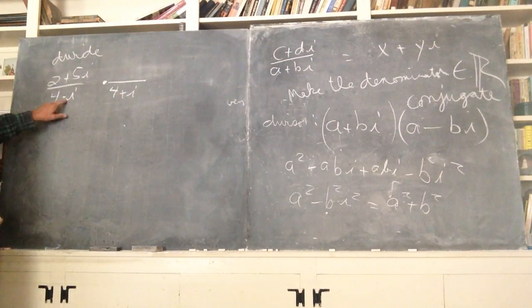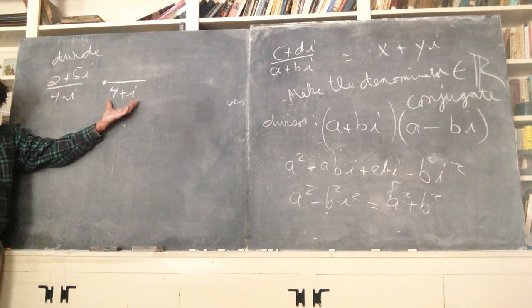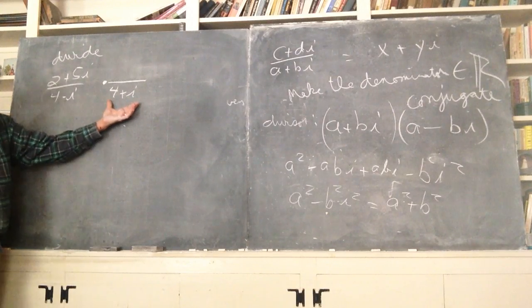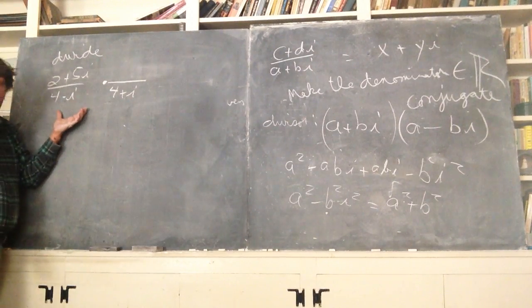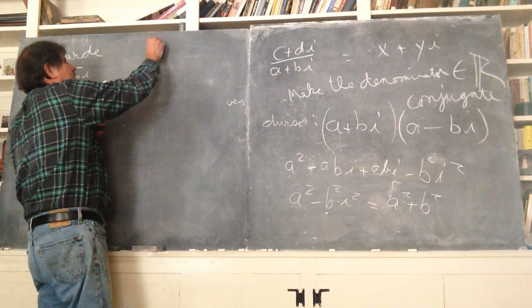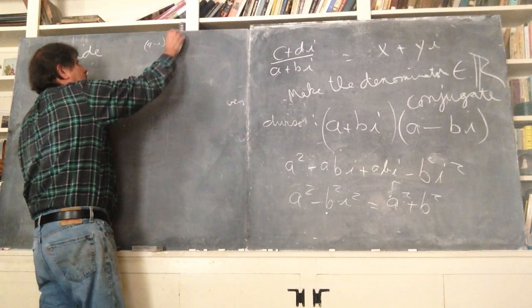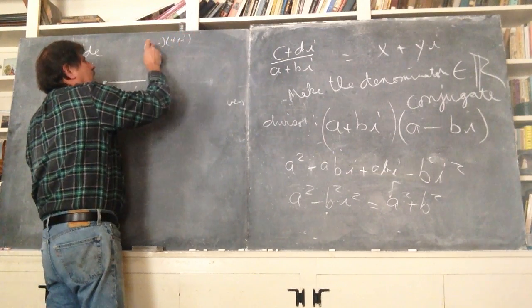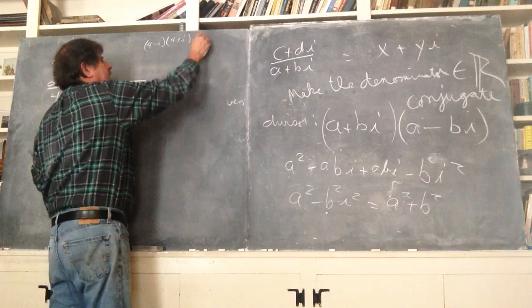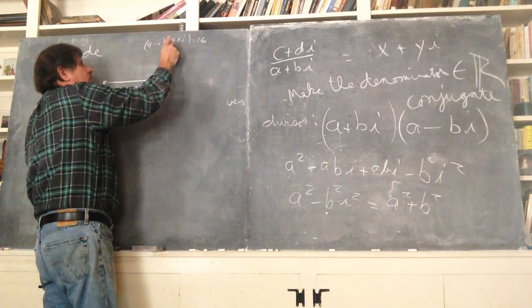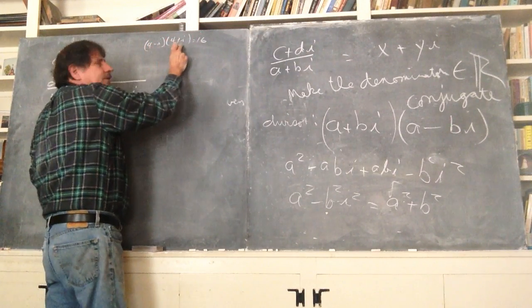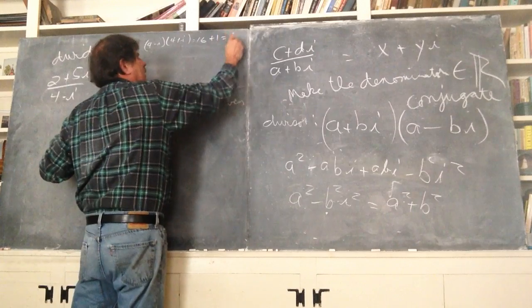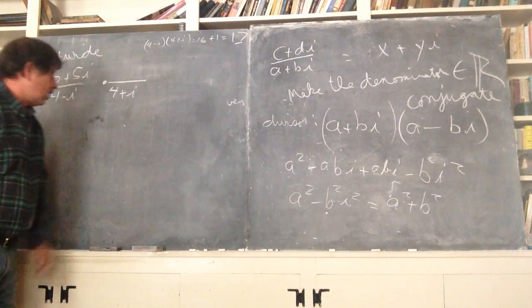This is 4 minus i. We're going to multiply it by 4 plus i, because 4 minus i times 4 plus i is 16 plus 4i minus 4i minus i squared. That's a real number. That's what we want.